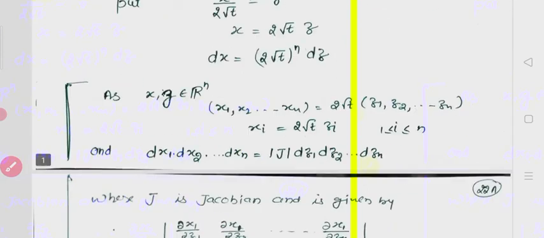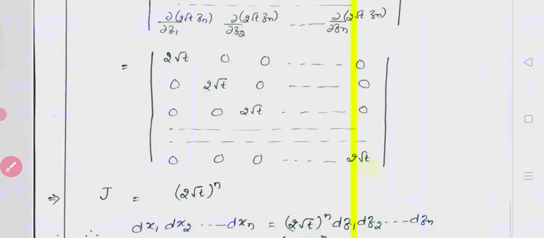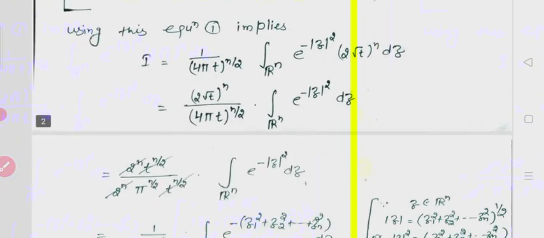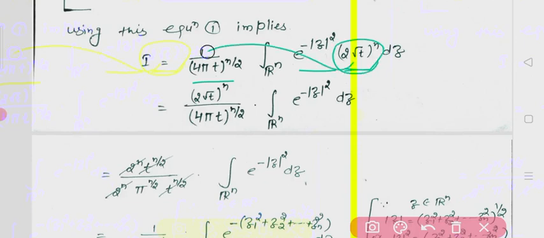So after placing this value, equation 1 becomes this one, right? So it will be 1 upon 4 pi t raised to power n by 2, integral of R n, e raised to power minus mod z square into 2 root t power n dz. Constant term taken outside, so it will be this one.